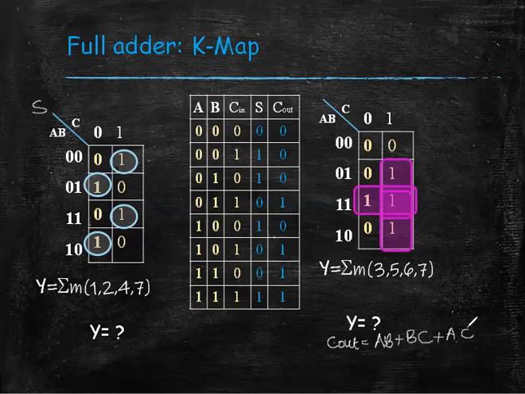Then what are the results? Sum is expressed as A XOR B XOR C, and the carry out is represented by AB or BC or AC.